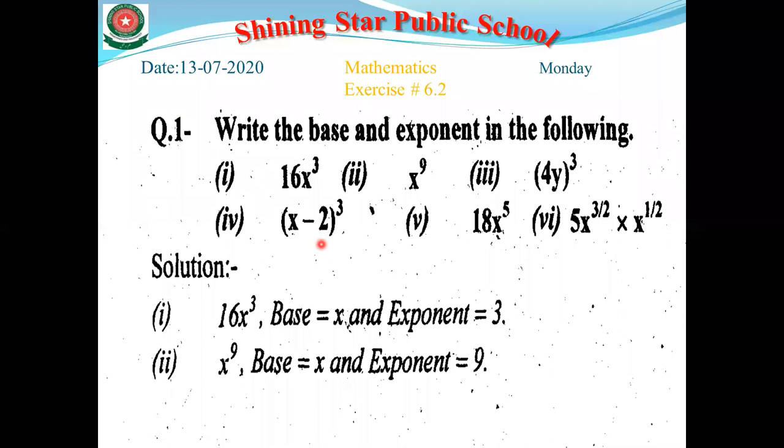Whenever we have an expression, let's suppose x square plus 5x plus 6 equals 0, x is a variable and any constant written with the variable is called the coefficient, and any constant written as the power of that variable is called the exponent. So in this expression 16 is the coefficient, x is the variable, and 3 is the exponent.